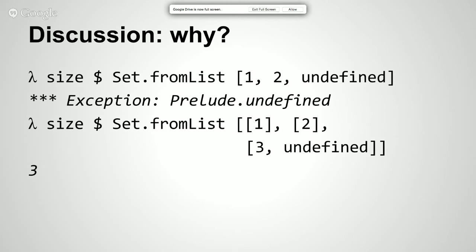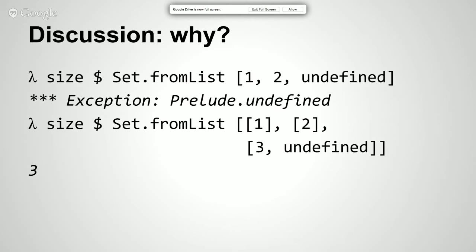Because you're giving it three valid lists. It doesn't care. If it's a list with 3, undefined, is that a list? Yes. So you'll get a list of 3 back if it's not strict. Something is only strict if it's recursively strict.